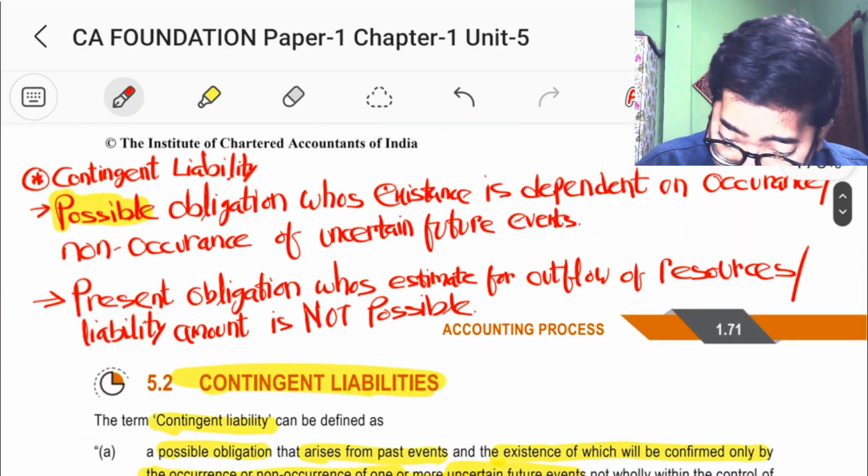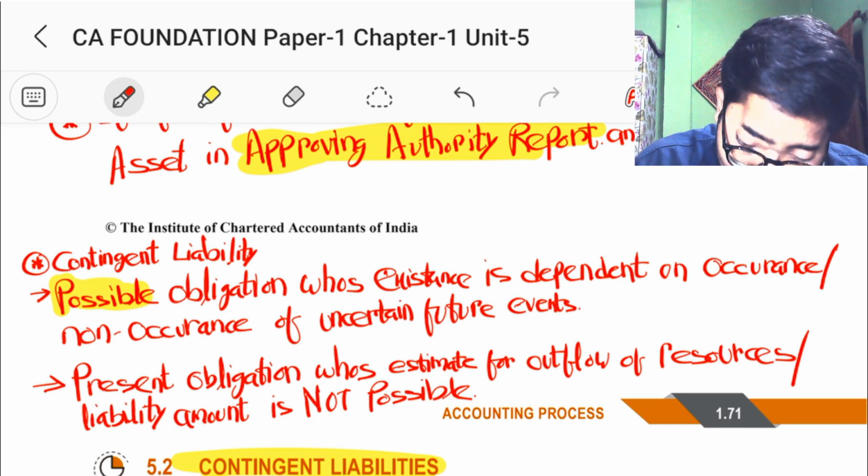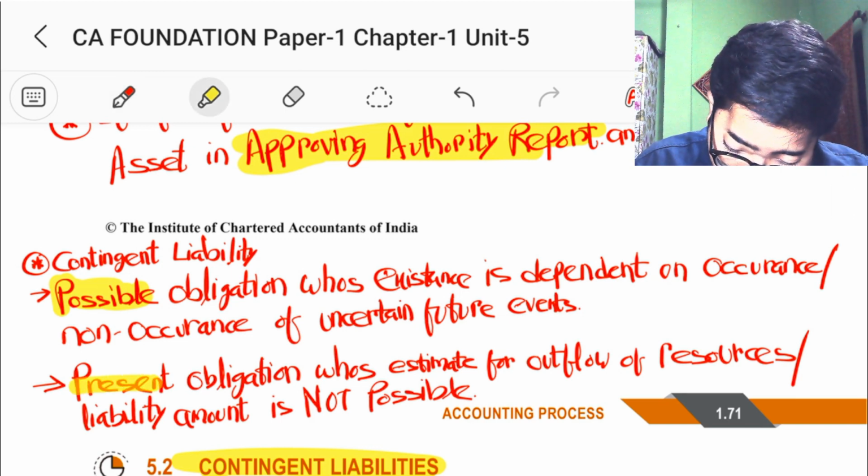So in short, I can explain the theory of contingent liability within these two pointers.